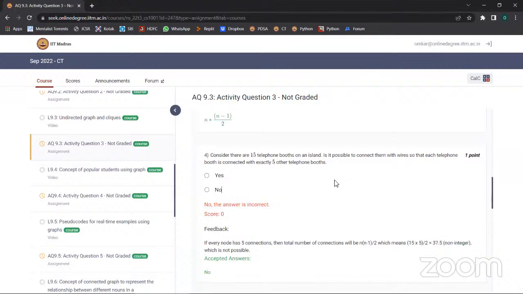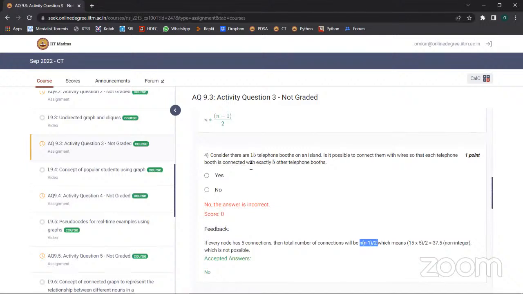Yes, sir. Now coming to this formula, n into n minus 1 divided by 2. This is a generic formula to calculate the total number of edges in a complete graph.